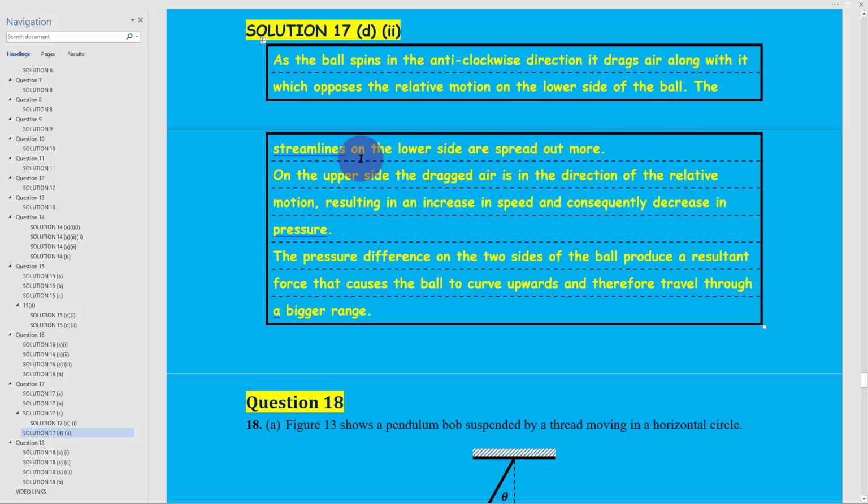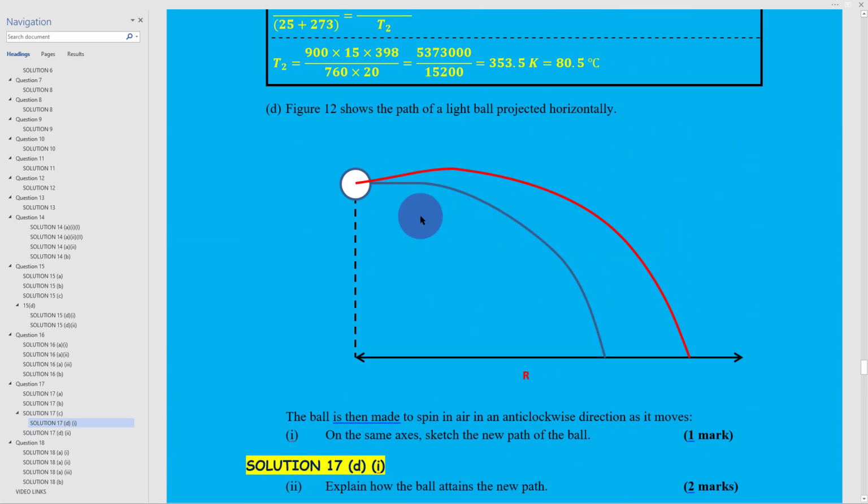The streamlines on the lower side are spread out more. On the upper side, the dragged air is in the direction of the relative motion, resulting in an increase in speed and consequently a decrease in pressure. So this is what we are saying. Because the ball is rotating like this and moving that way, the streamlines are moving in the opposite direction.